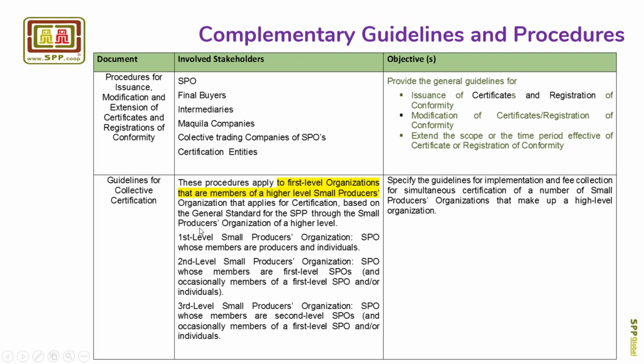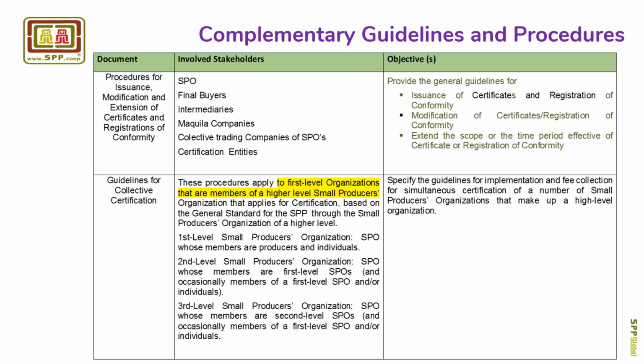In this case, it is important to know the definitions of first, second, third, even fourth level small producer organization. A first level organization is a small producer organization whose members are producers and individuals. The second level small producer organization is a small producer organization whose members are first level SPOs and occasionally individuals.